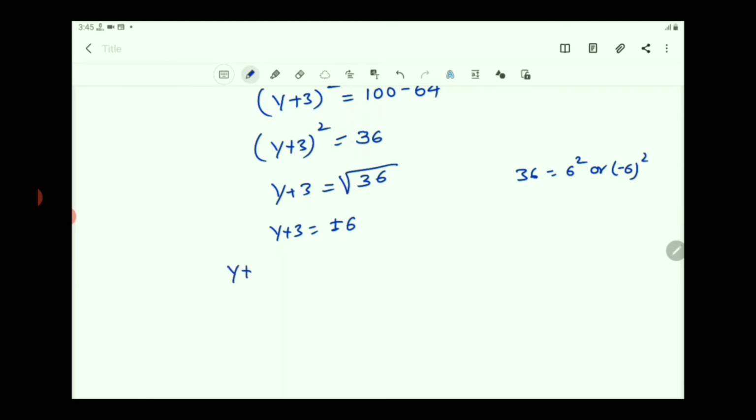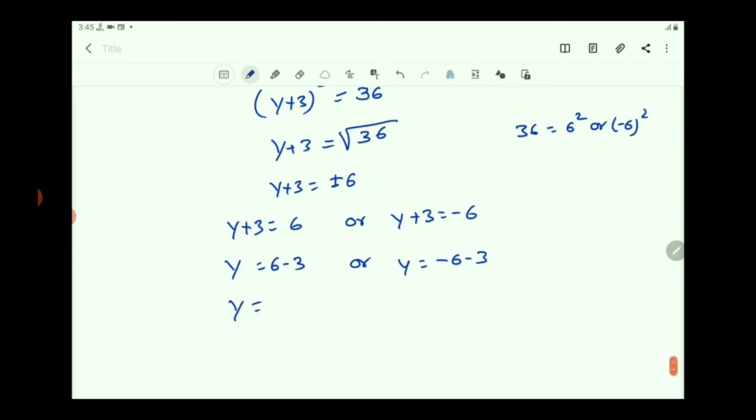Then you can take y plus 3 equals 6 or y plus 3 equals minus 6. Then y is equal to 6 minus 3, or y is equal to minus 6 minus 3. Then y is equal to 6 minus 3 is 3, or y is equal to the sum of minus 6 and minus 3, which is minus 9.